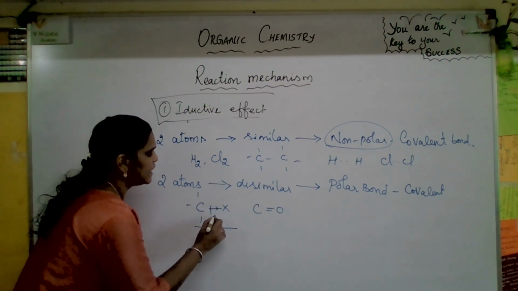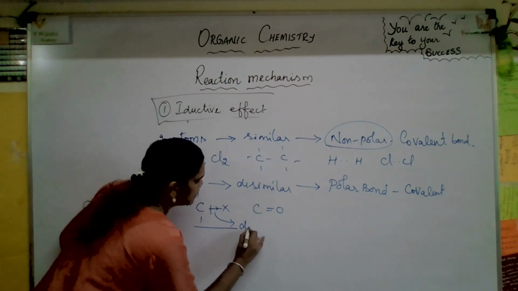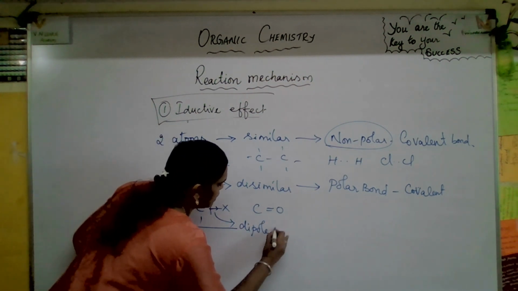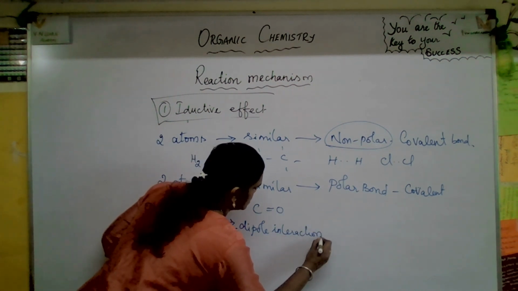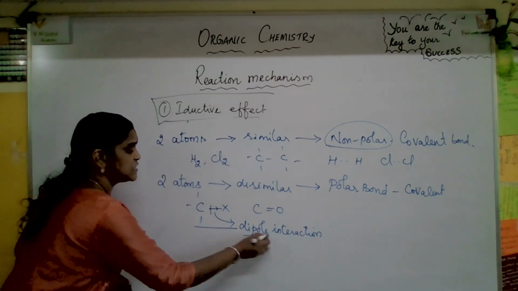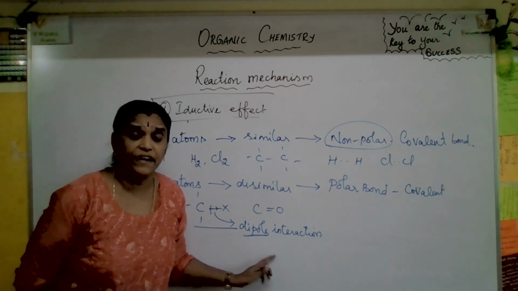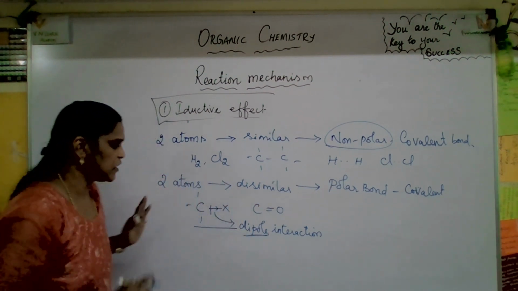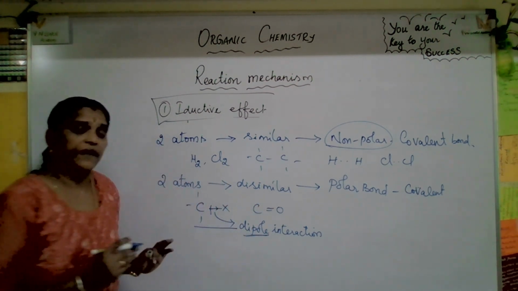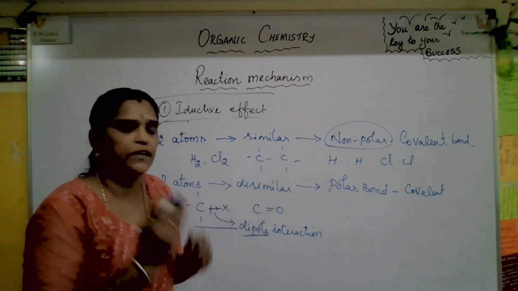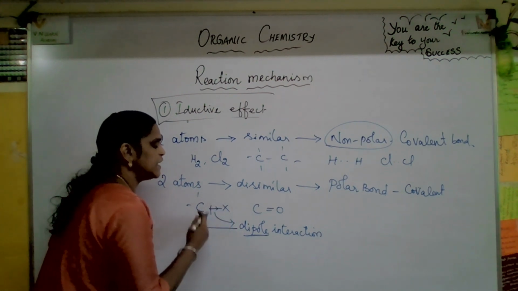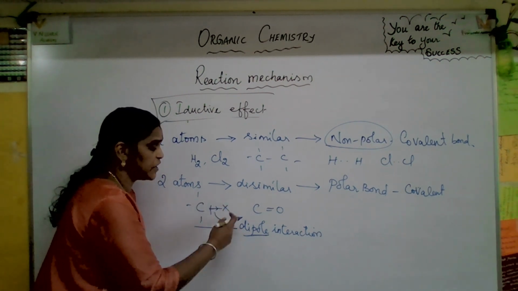So here dipole interaction takes place. Dipole interaction is very important. You have already learnt it in dipole moment. Now the dipole interaction takes place. So what happened? A slight variation, a slight difference. Naturally the carbon is donating to the halogen.